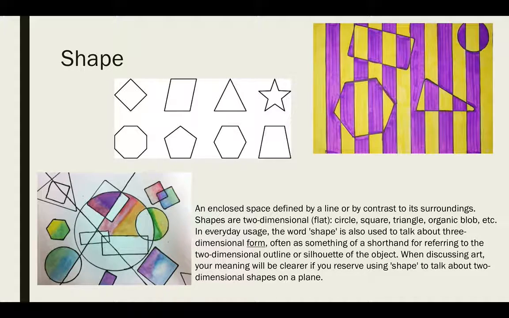You can usually think of shape as a defined, closed space formed by a line or by a contrast to its surroundings. So sometimes we may not actually have set lines defining a shape. Instead, the difference between one color or another, or one tone to another, will create an implied shape.